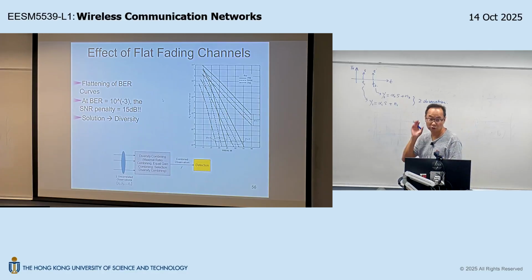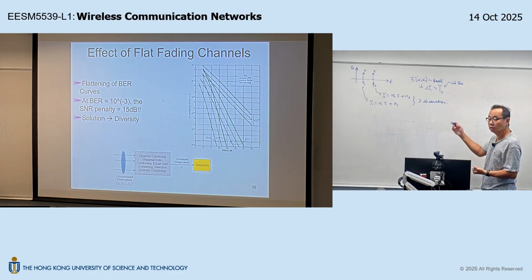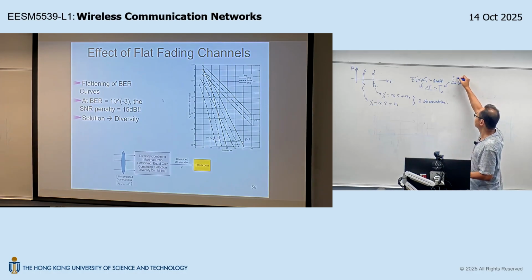Remember when we introduced coherence time, right? We said that the correlation between these 2 fading coefficients would be small if the time separation is sufficiently large, right? How large is sufficiently large? Larger than a parameter called coherence time. This coherence time depends on the mobility, right?